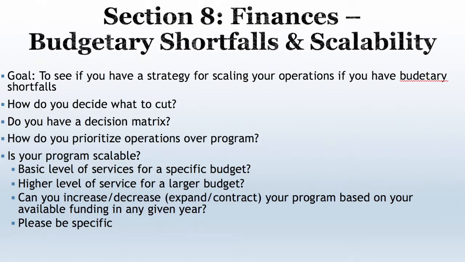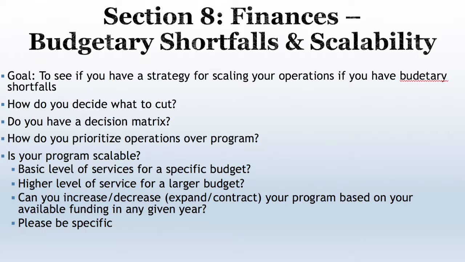Oh boy, looks like I misspelled budgetary. Sorry about that, guys. These questions around budgetary shortfalls and scalability are just to find out, in the case that you do not meet your budgets, how do you cut things? How do you cut programs? Is your program scalable? Is it something that can easily be shrunk or expanded?